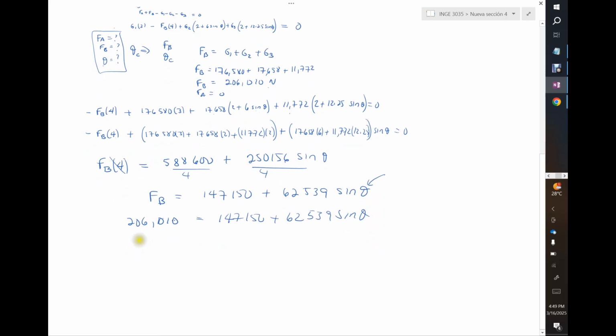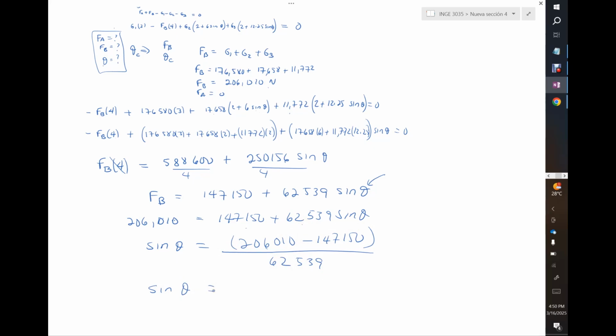So sine of theta equal, this will go here, 206,010 minus 147,150, all that divided by this guy, 62,539.